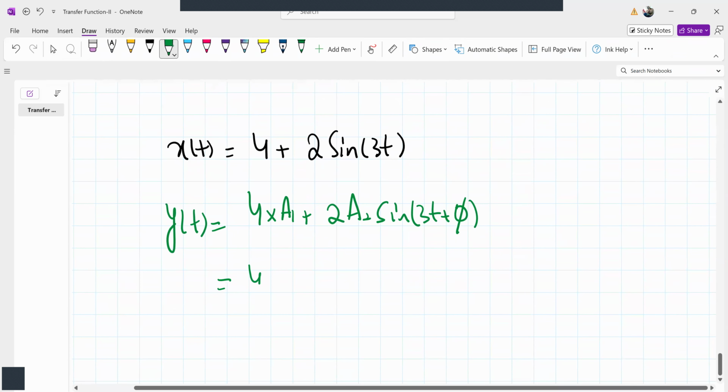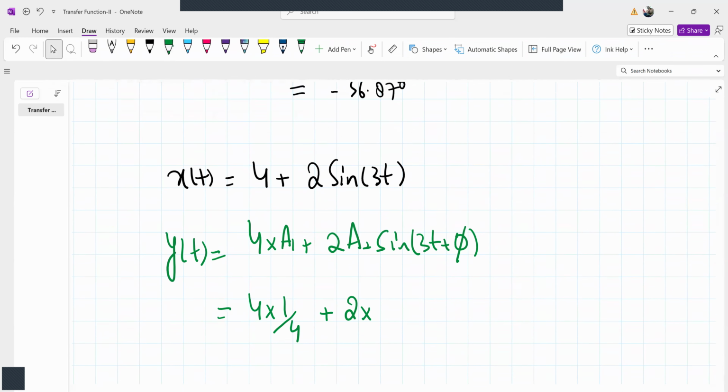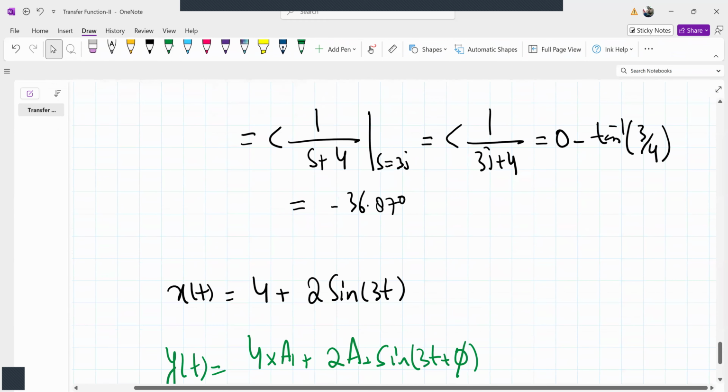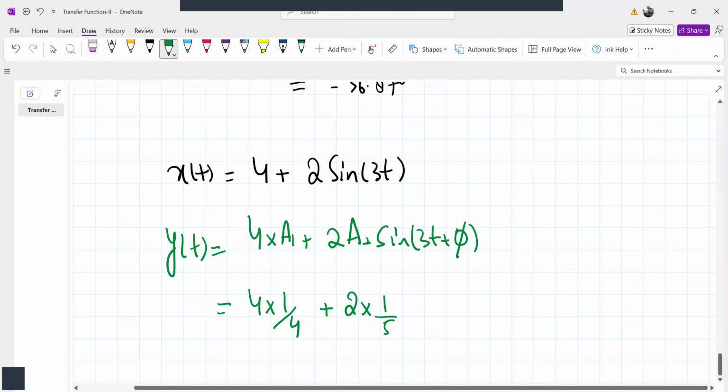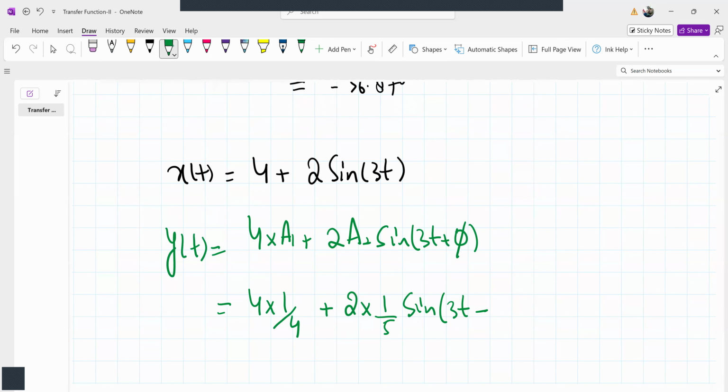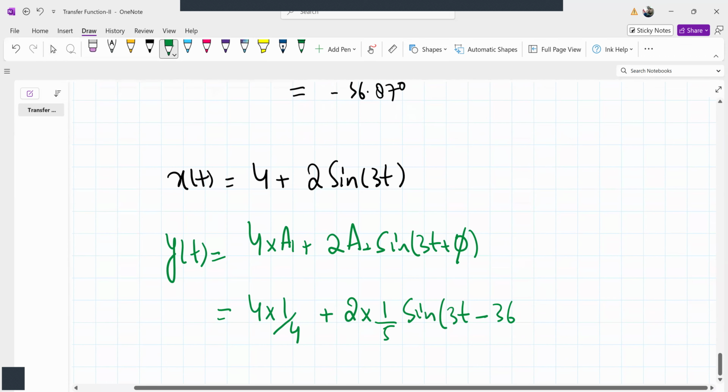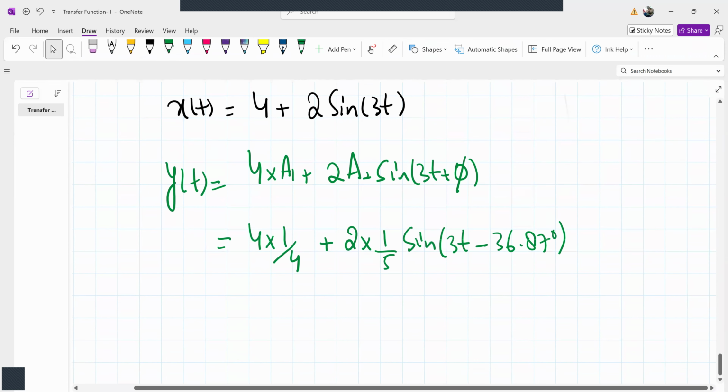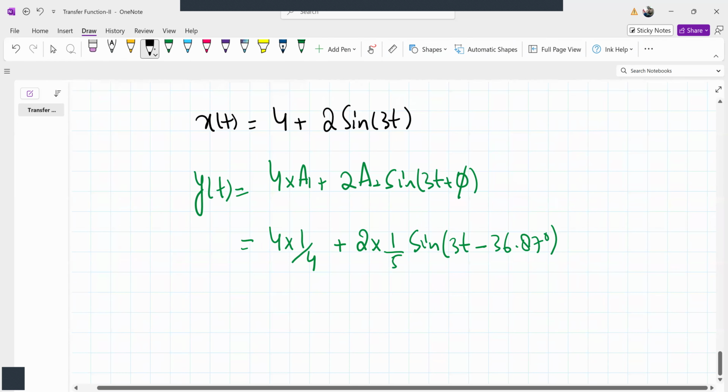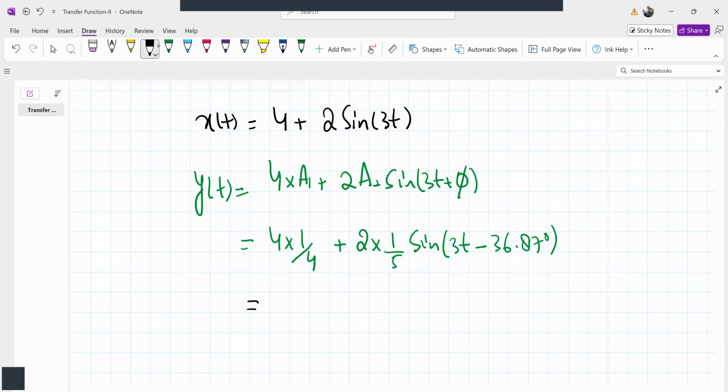A1 is 1 by 4, A2 is 1 by 5, and phi is minus 36.87 degrees. You can simplify this: 4 divided by 4 is 1. So the output is 1 plus 2 by 5 sine 3t minus 36.87 degrees.